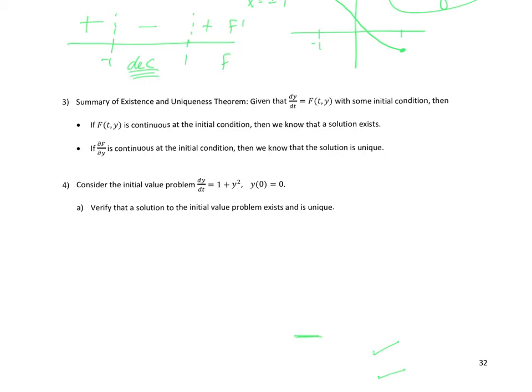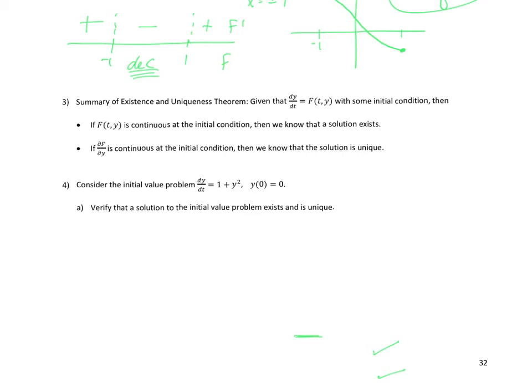And then for uniqueness, we have to look at the partial derivative with respect to y of 1 plus y squared. If you haven't taken Calc 3, all this means is that y is the only variable.